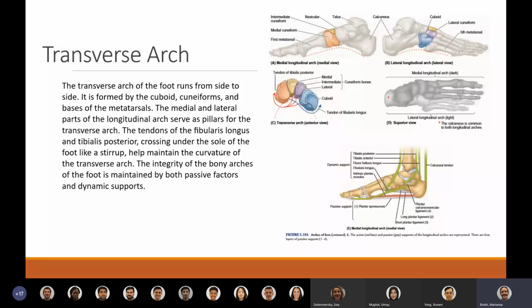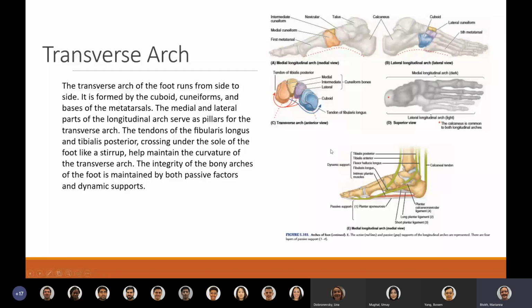So when it fires or acts, it almost creates that arched component of the foot. So it's very important. Again, along with tibialis posterior, which is a main supporter of not only the medial longitudinal arch, but also the transverse arch, and keeping that curvature going if it fires and acts properly.